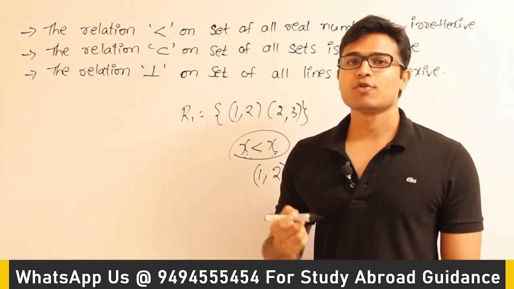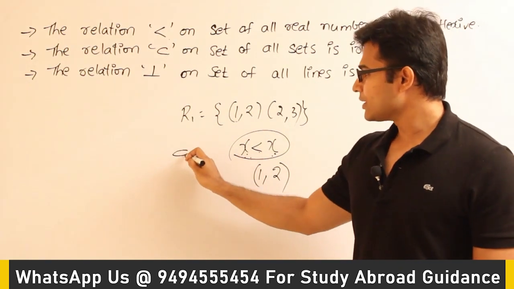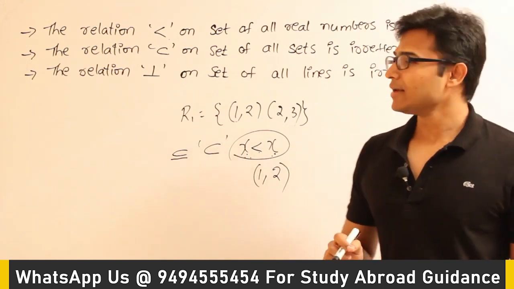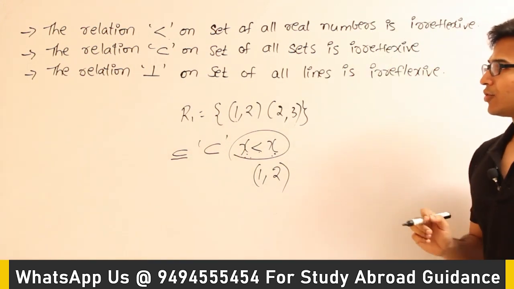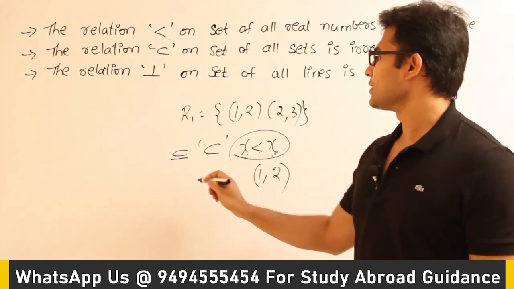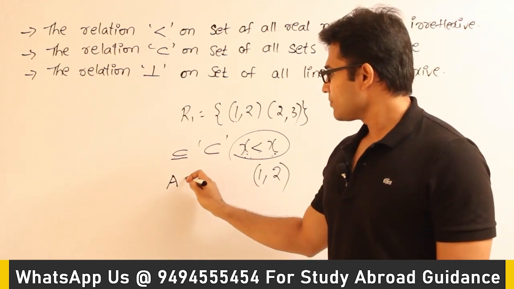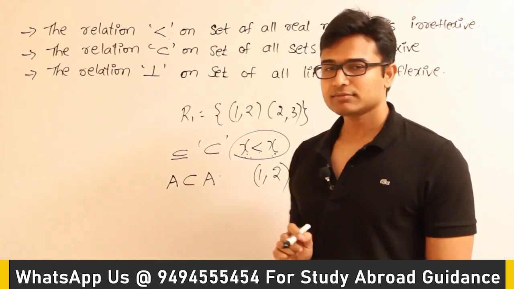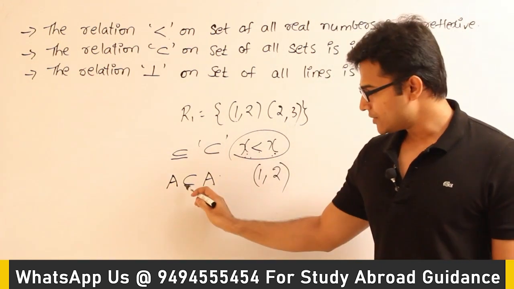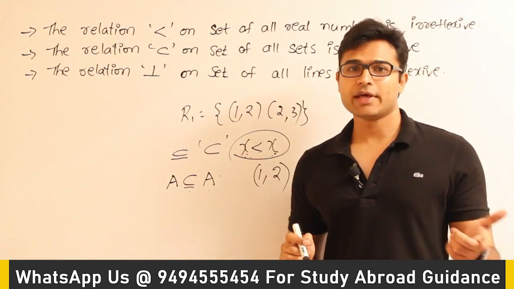Now the relation proper subset. It is not subset, it is proper subset. Is the relation proper subset on the set of all sets irreflexive? What do they mean by that? If you have a set A, A cannot be a proper subset of A. It will be a subset of A but not a proper subset of A. Therefore there will be no diagonal elements.